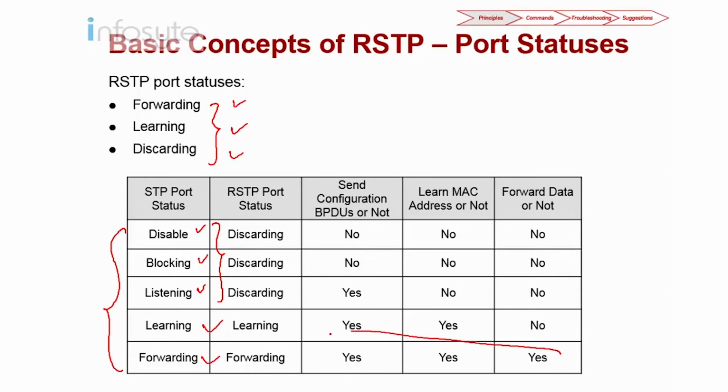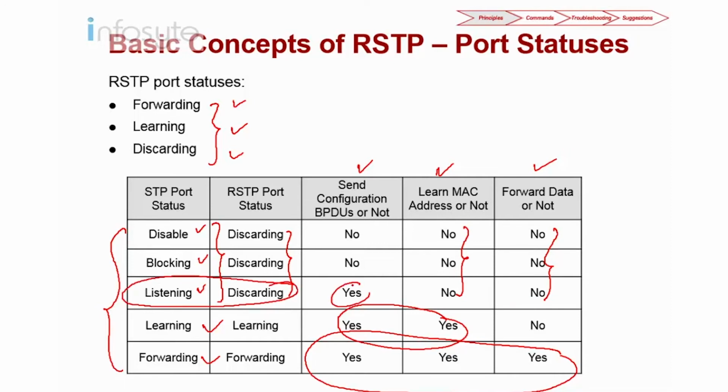Only in forwarding do we learn the MAC address, send and receive the BPDU, as well as forward. The learning status is the same as earlier, except that on discarding, we do not send anything and do not learn anything, except that if the status is learning, we do send the BPDU. So these are the differences between STP and RSTP in terms of port status.